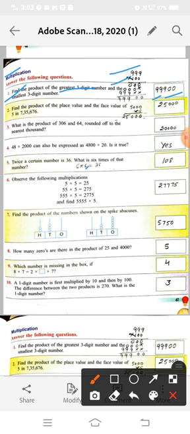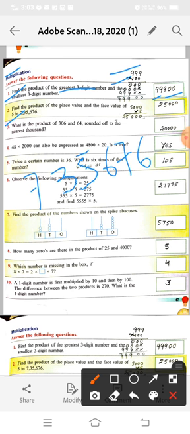Okay, now the second question is find the product of the place value and the face value of 5 in the number 735,676, that is 7,35,676.